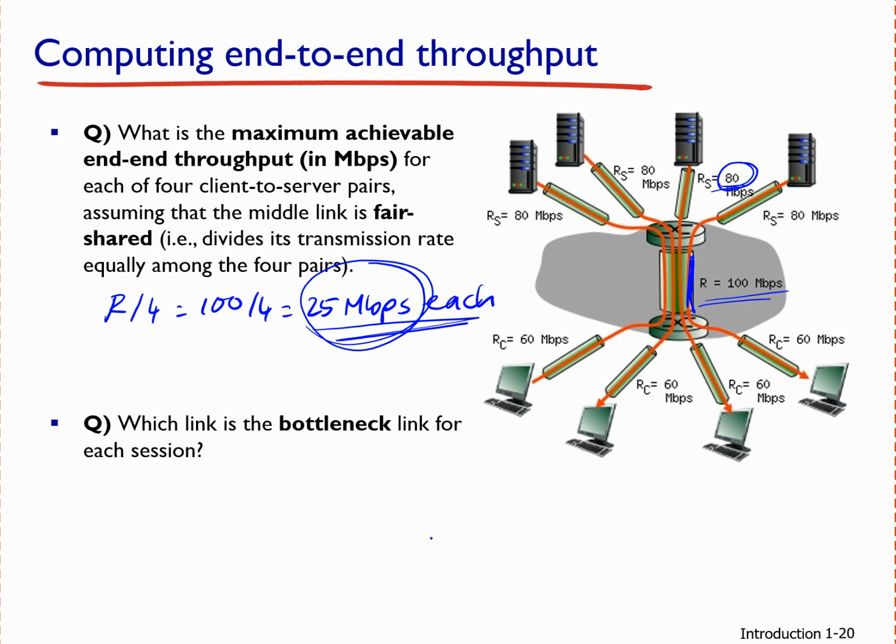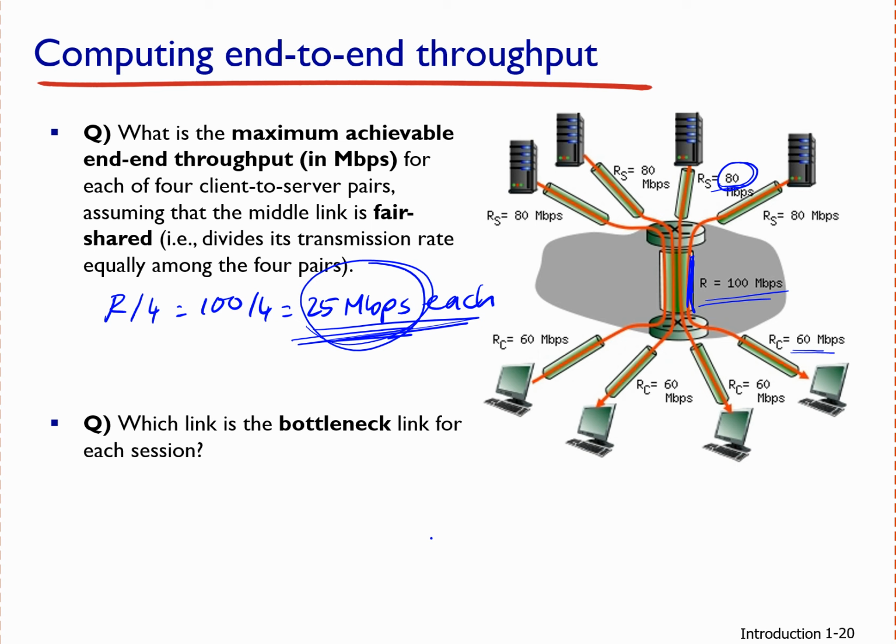You're pumping too much fluid that this link cannot handle. Therefore, 25 megabits is the problem. Look back down here, we have 60. 60 is still greater than that, but if we push 25 megabits from here and push 25 from here, the only thing that comes out is 25.